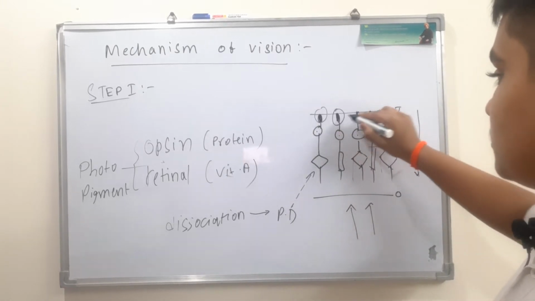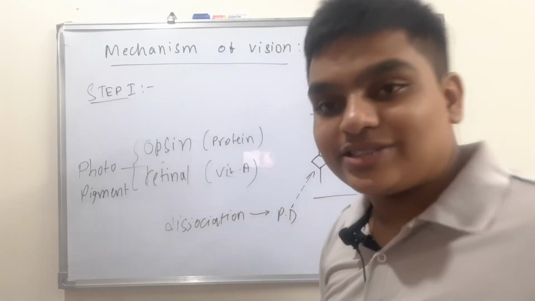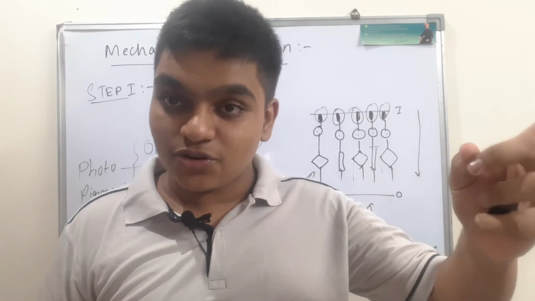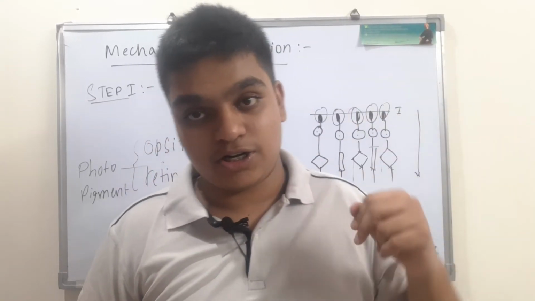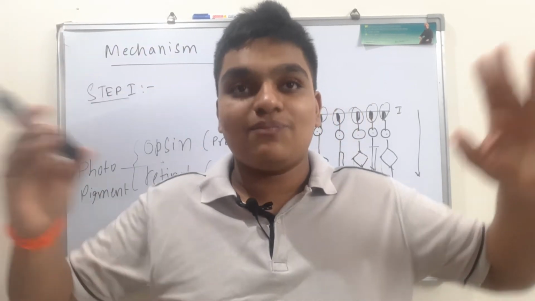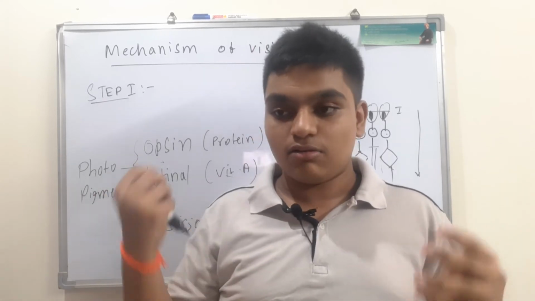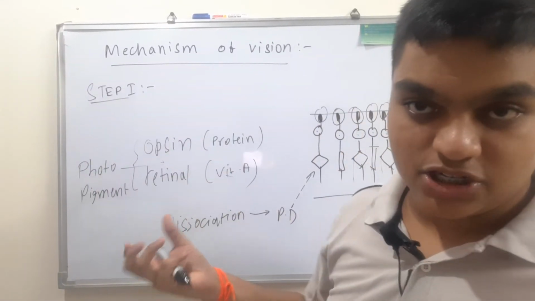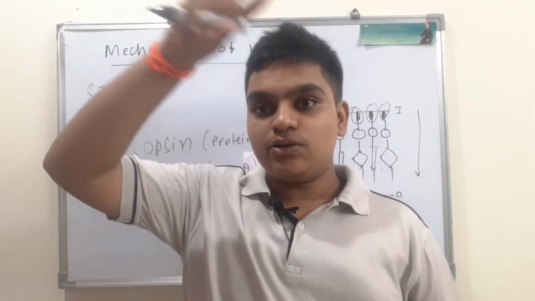These ganglion cells get the action potentials through the bipolar neurons. Generation has started in the photoreceptor cells, and transmission takes place through the bipolar neurons to the target site of ganglion cells. From the ganglion cells, all the impulses we have got, called action potentials, are carried to the brain.